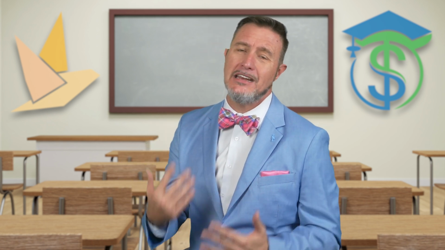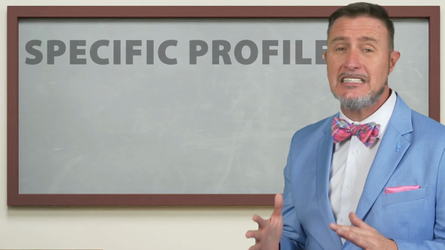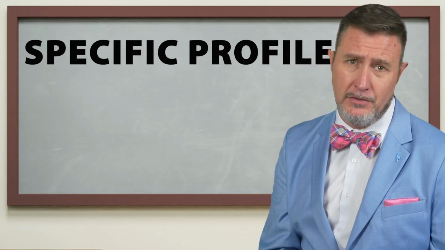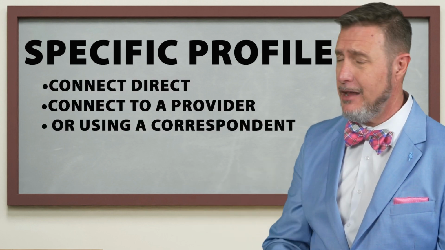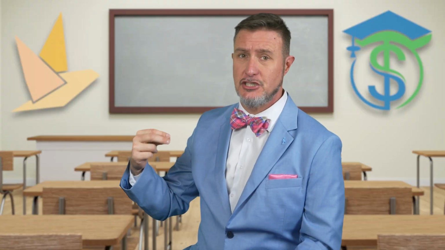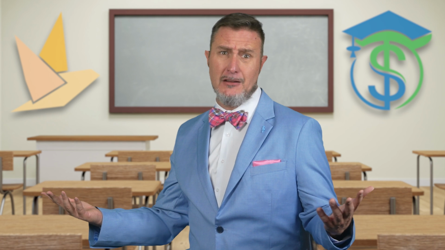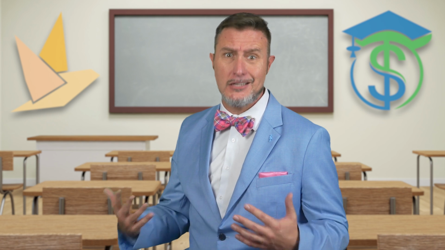Basically, for a financial institution to participate in the FedNow service, they need to set up a specific profile. And they need to say whether they connect direct, connect to a service provider, or use a correspondent. These profiles determine how messages are sent and received, what permissions they have, and basically keep track of who is on the FedNow service, who those different organizations are, and what processing they can and are allowed to do.